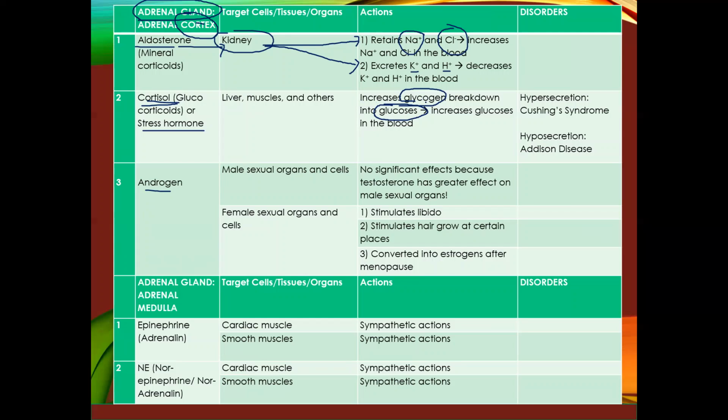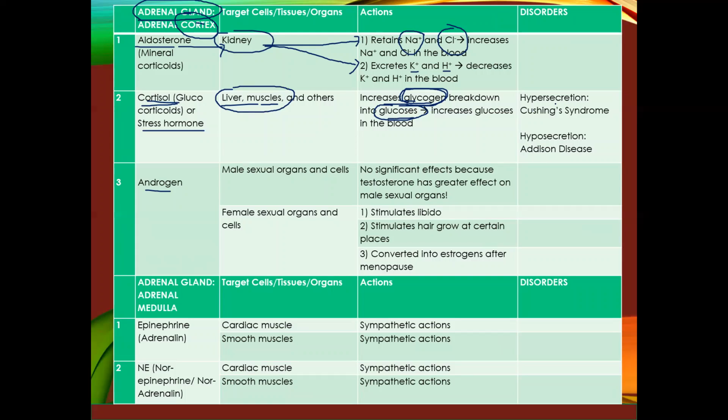Of course, the target will be the one that has glycogen. Okay, there are three organs that mostly have glycogen: liver, muscle, and some fat tissue. So these are going to be the targets for cortisol to break down glycogen into many glucoses.